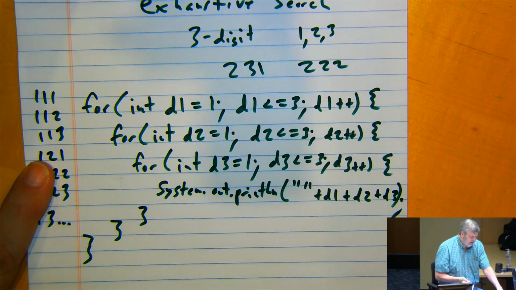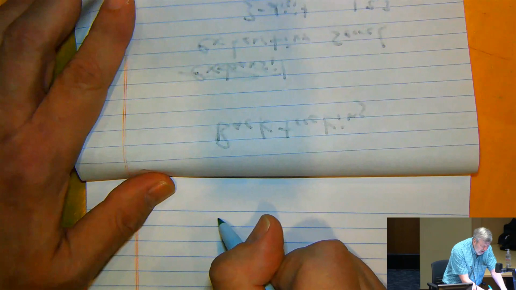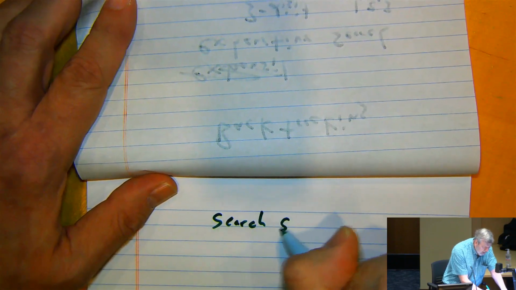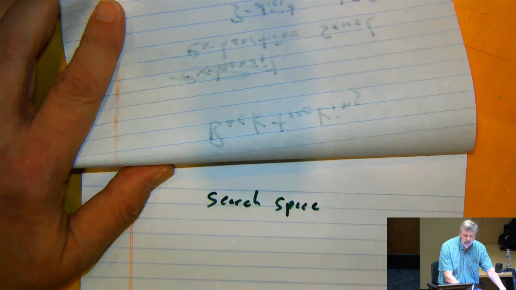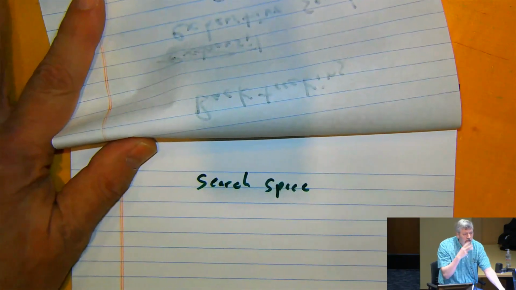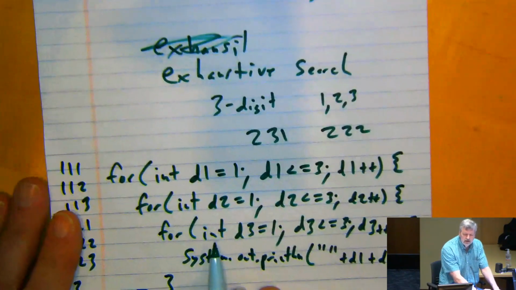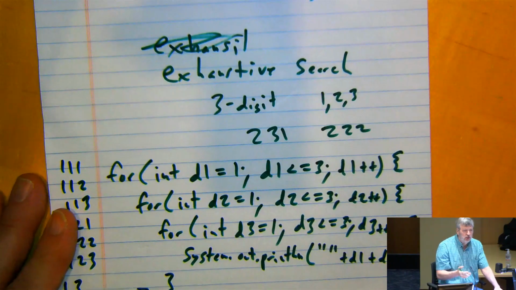I want to talk about several things related to this. One of them is the idea of what you might call a search space: some set of possibilities that exist. For example, here I might say my search space is the space of all 3-digit numbers.